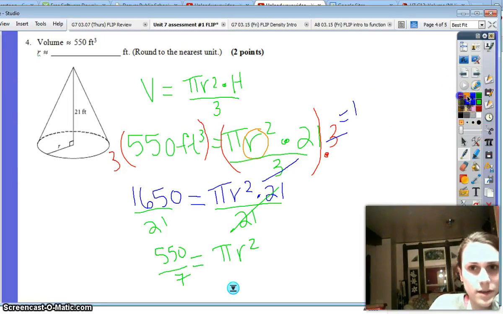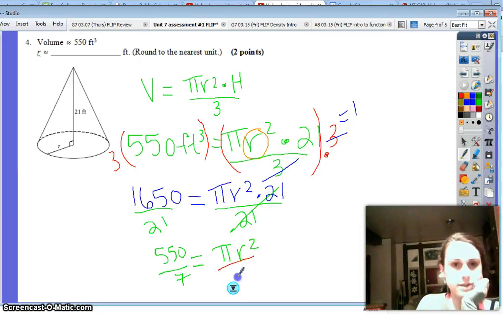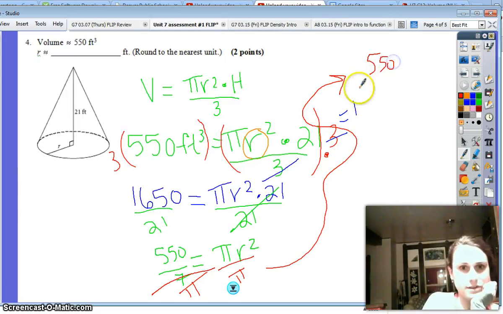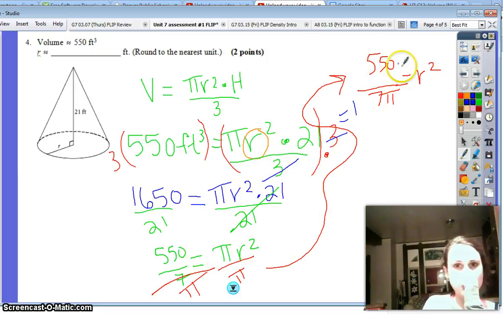My next step would be to recognize that r squared is being multiplied by pi, so we need to divide out that pi. So this whole value divided by pi, I'm going to bring the work up here. 550 divided by 7 divided by pi is the same thing as 550 divided by 7 pi. That's going to equal r squared, okay? So I just divided both sides by pi, and this whole value right here is just going to be some number.